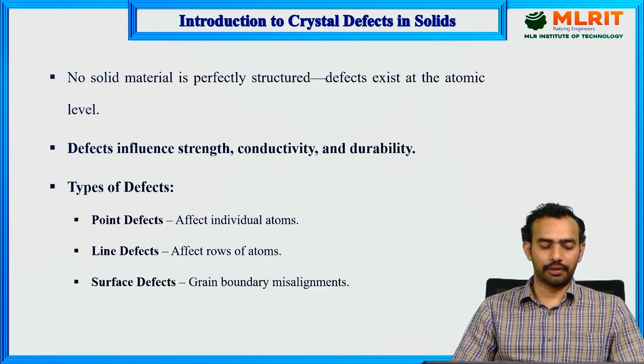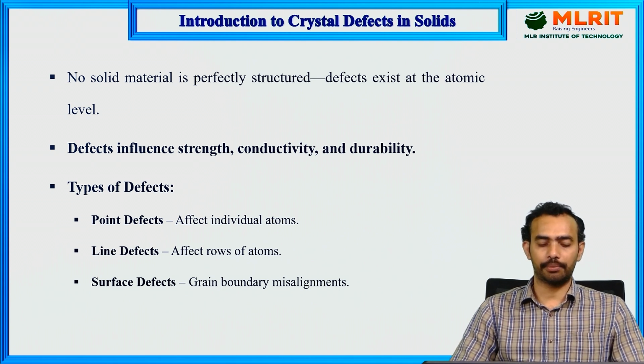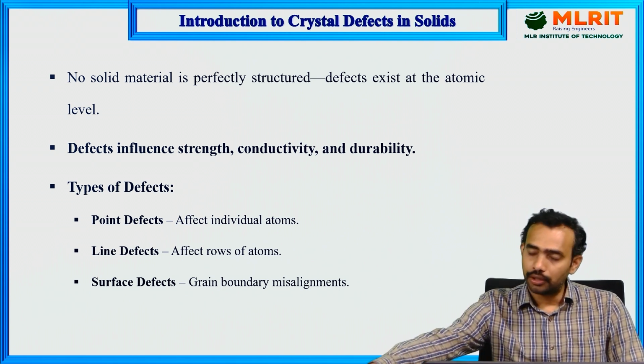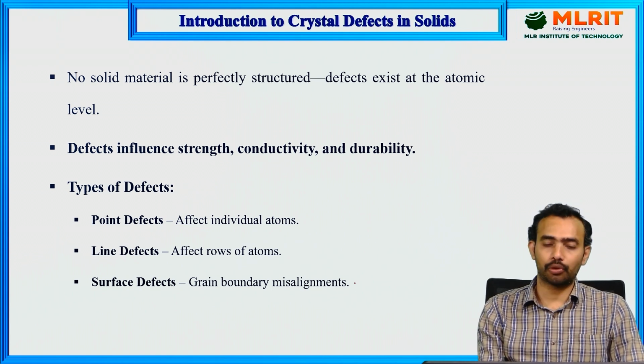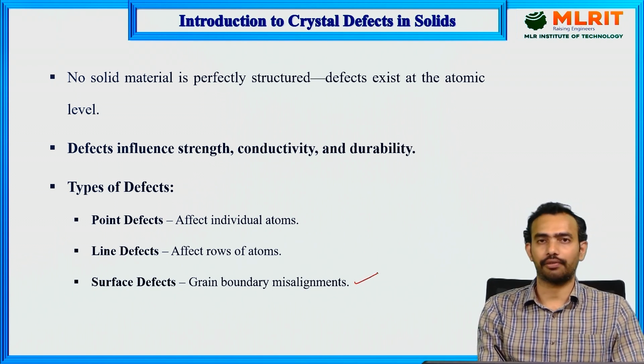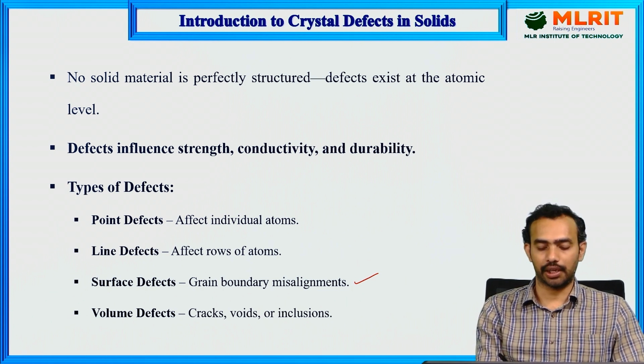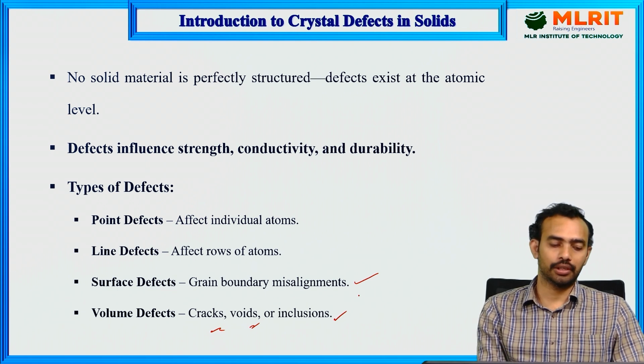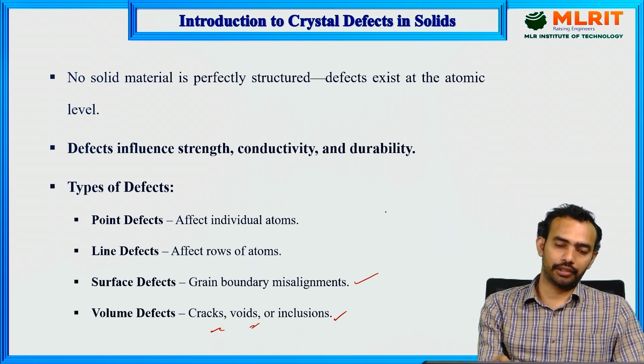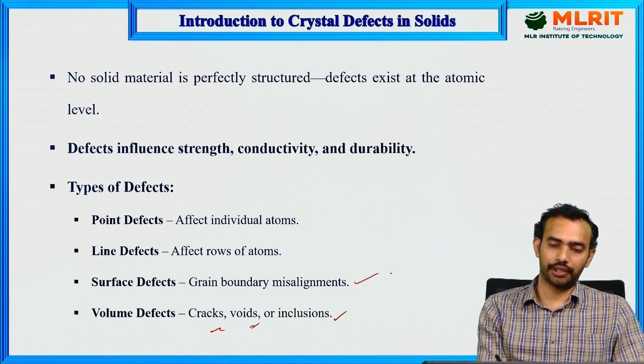Then we have the surface defects, that is grain boundaries, which are the two-dimensional defects. Grain boundary misalignments are considered under surface defects. Then we have the three-dimensional defects, which are considered volume defects. That includes cracks, voids and certain inclusions. So these are the defects that are classified based on dimensionality.